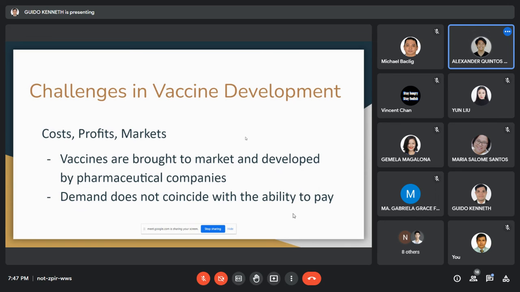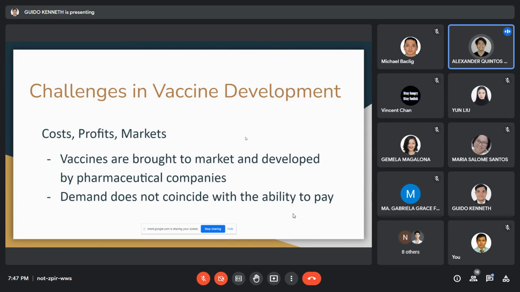So next slide. This is one of the bigger concerns when talking about challenges in vaccine development. Vaccine research is usually for academia and not-for-profit organizations. However, vaccines are brought to market and developed by pharmaceutical companies. Therefore, the market cannot be ignored. However, the demand for vaccines does not coincide with the ability to pay.